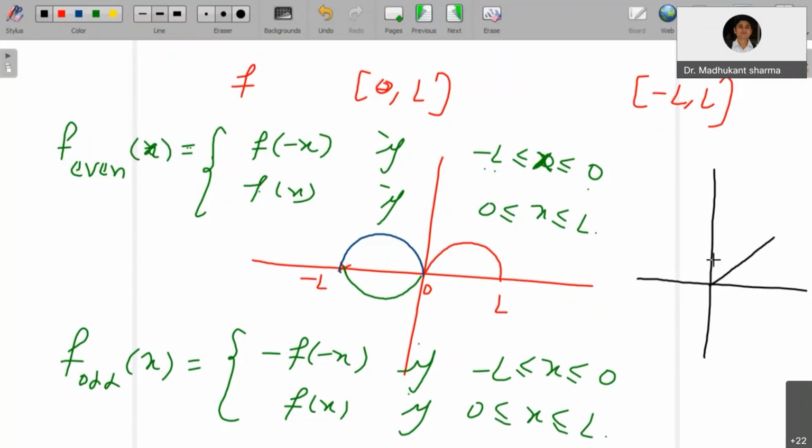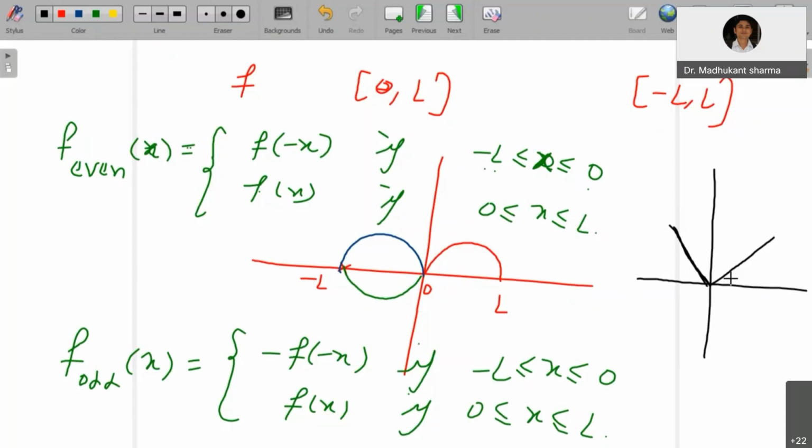So y equals minus x between minus L to 0. So this is going to be the even extension.